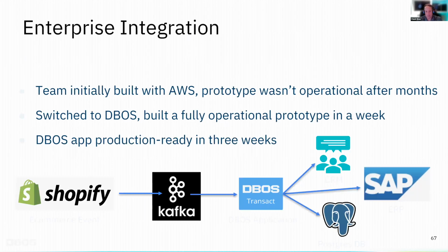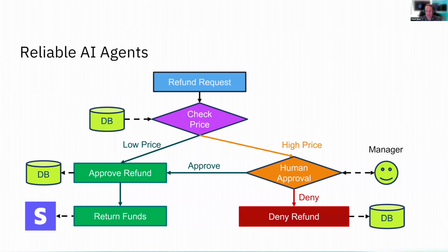Other cases that people have good luck with: enterprise integration. We have a pretty famous customer quote about that, about how quickly they got their app to work. Reliable AI agents. Reliability is probably not the primary concern with people who are doing AI agents these days. They're just cool and they think it's fun to see it work.